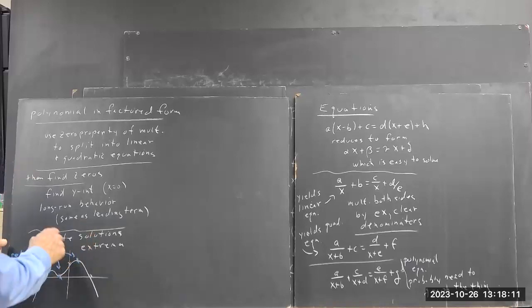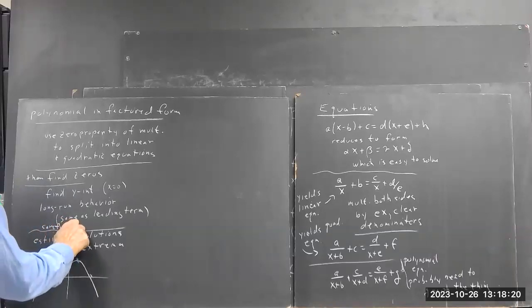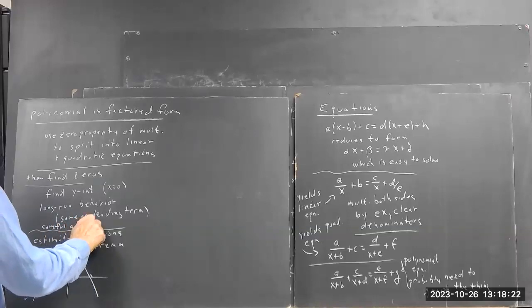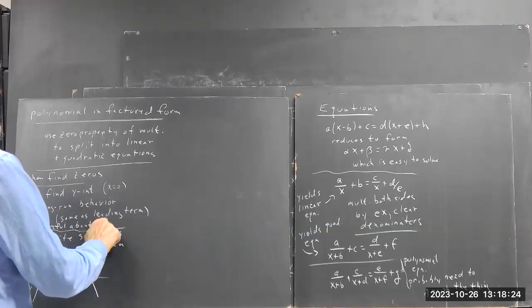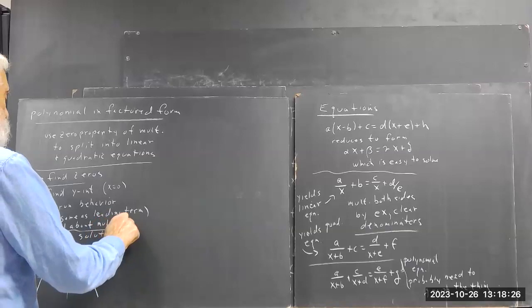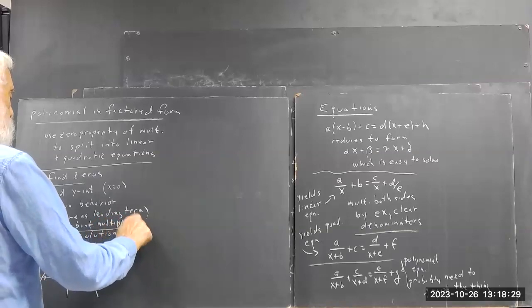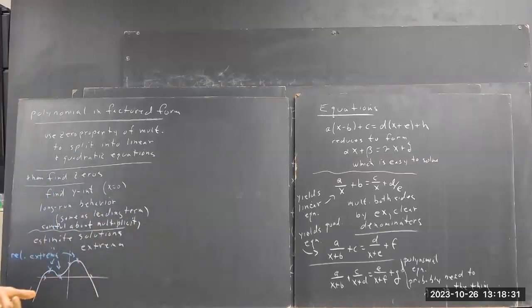One thing I should have mentioned up here is be careful about multiplicity of your zeros. And this zero would have multiplicity 2, maybe 4, 6, 8, whatever.